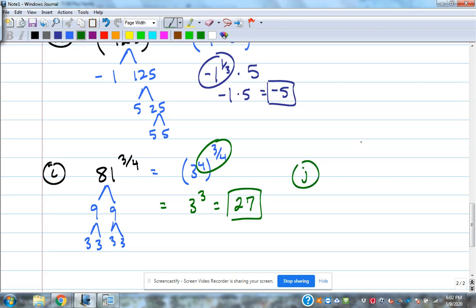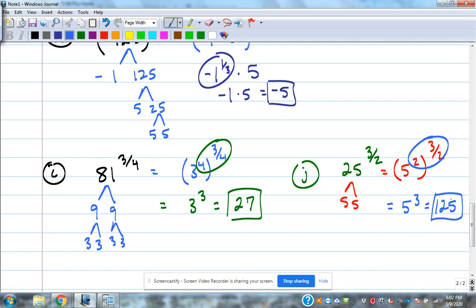Example J, let's do 25 to the 3/2 power. So an improper fraction as an exponent. That's 5 and 5, 5 squared to the 3/2. We're going to multiply the fractions together. 3/2 times 2 is 3. 5 cubed, we said earlier, is 125.